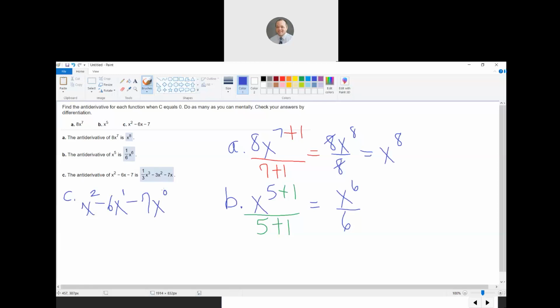For each term, to take the antiderivative, you first add 1 to each original exponent. And you divide each antiderivative by your new exponent. So 2 plus 1, 1 plus 1, and 0 plus 1.